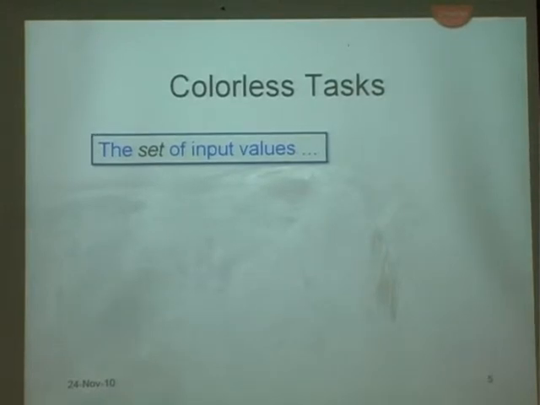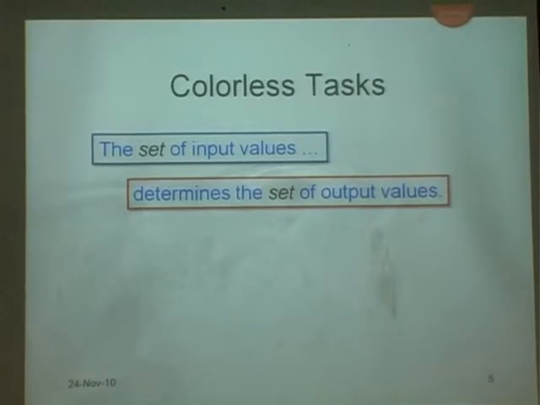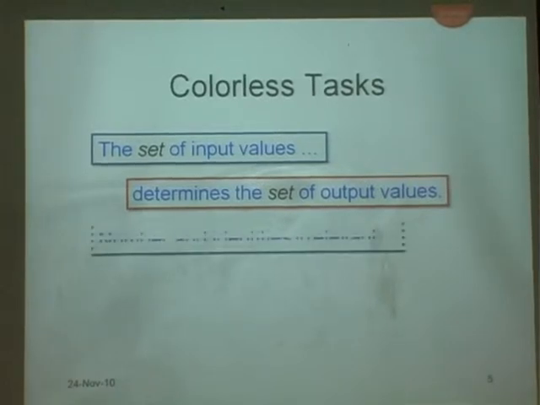And so I think the simplest way to describe what a colorless task is to say that the set of input values determines the set of output values. Everything else you can figure out from that. So it doesn't matter how many processes have a particular input value, only as long as there's at least one. And same goes for output.